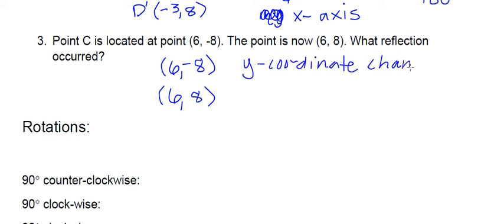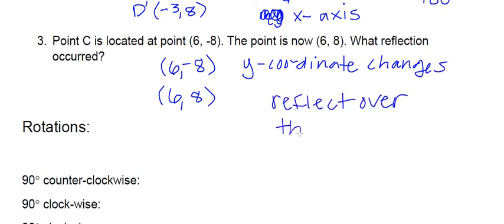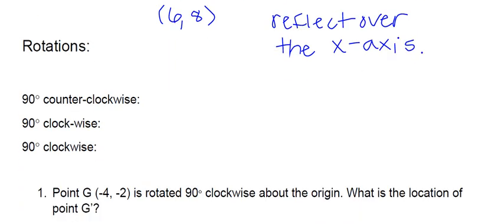And we know that when the y coordinate changes, you reflect over the what? Yep, you reflect over the x axis. So what has happened right here is a reflection over the x axis.